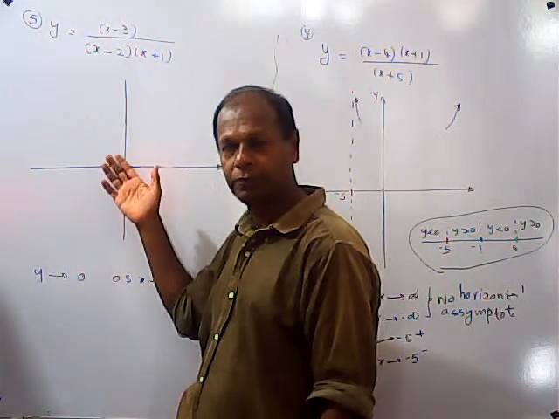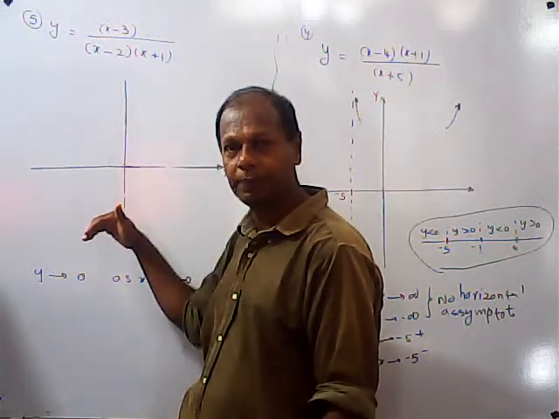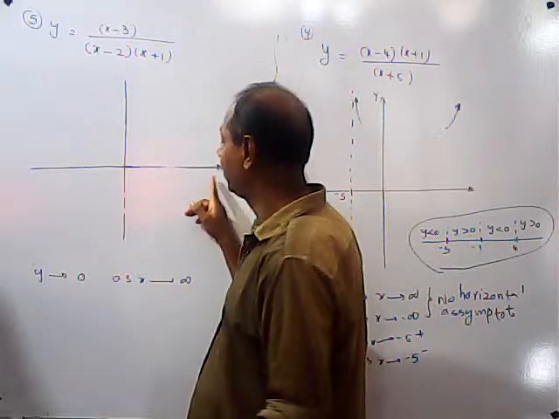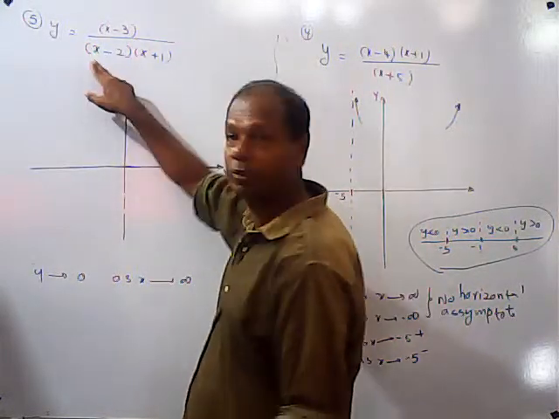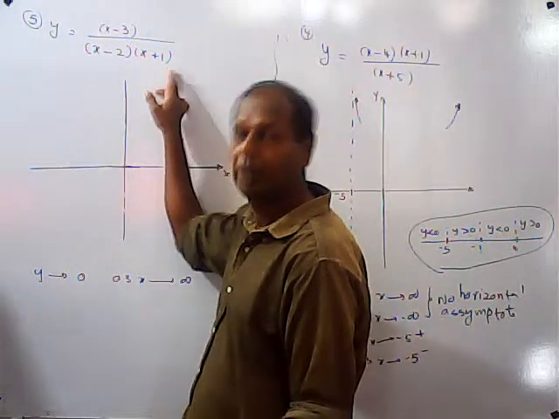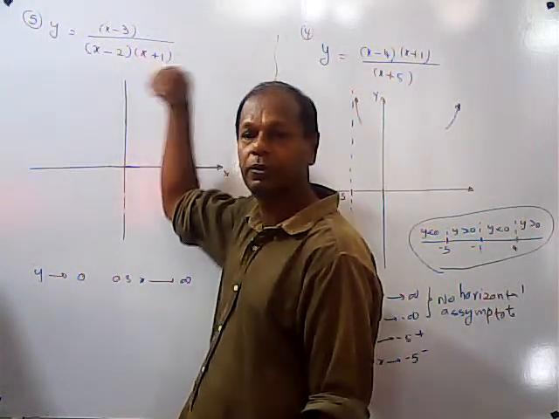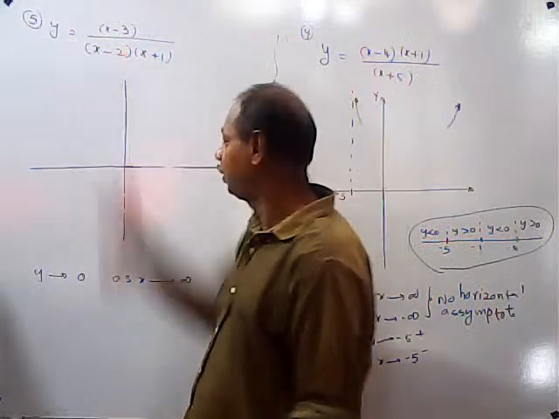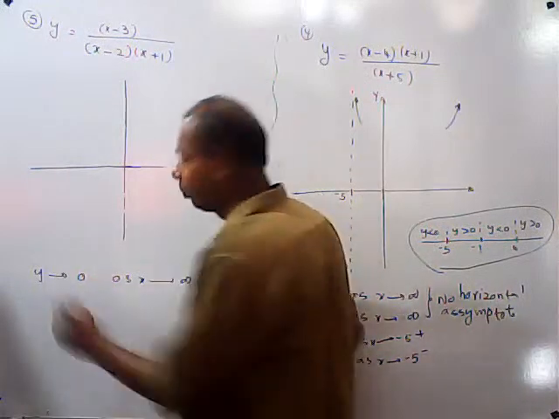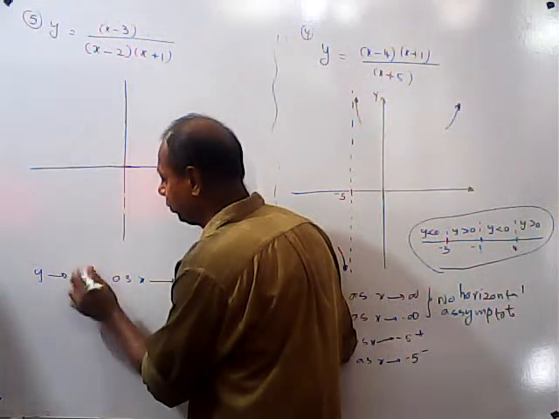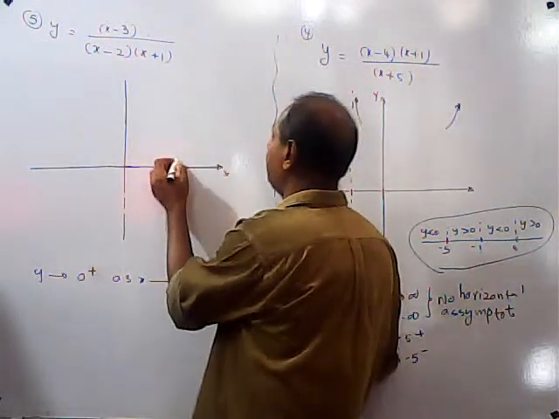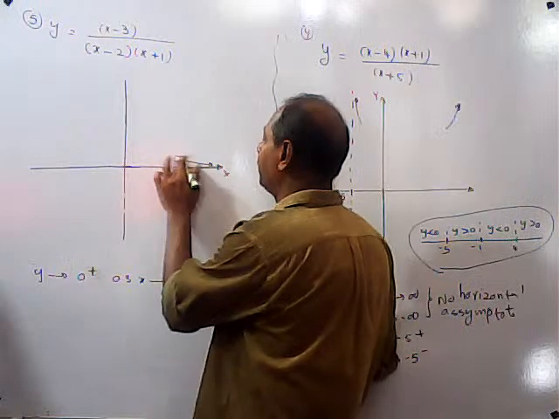If positive, from above; if negative, from below. So as x is going to positive infinity, this is positive, this will be positive, this will also be positive. All are positive, so y is positive. Therefore, it will go to 0 from the positive side, like this.